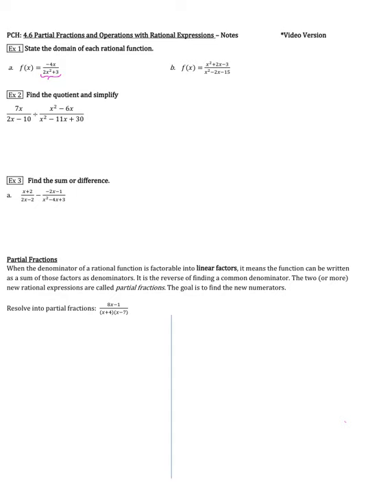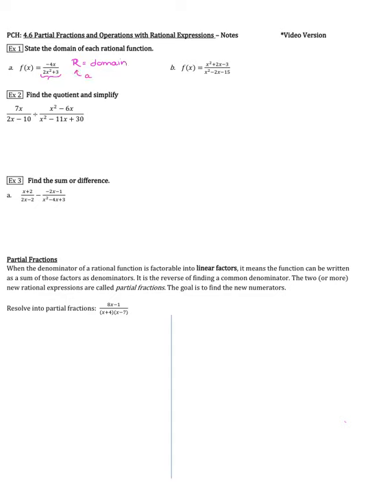And so in this first fraction, we see 2x squared plus 3. Since x is always being squared and then we're adding something, there's no way you can set it equal to 0. So the domain is going to be all real numbers.